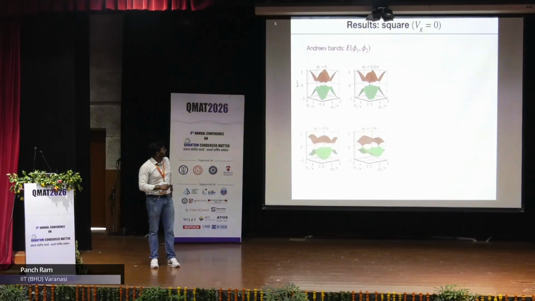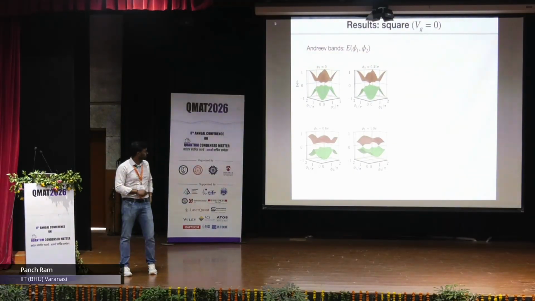For a certain value of phi 3, which is here, it closes at one point, and again it reopens as a gap, and then again closes exactly at pi at two points.